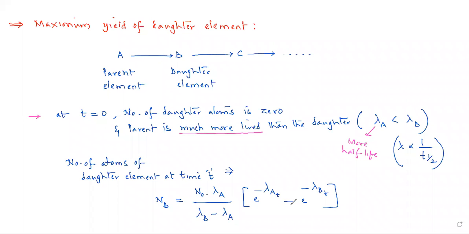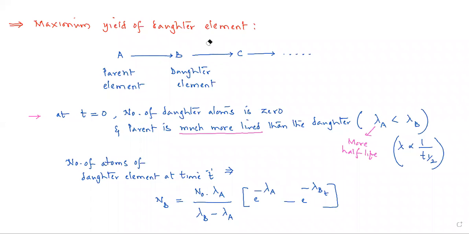Look at this carefully. Number of atoms of daughter element at a time t, that is NB, can be given as N naught into lambda A by lambda B minus lambda A into e power minus lambda A into t, isn't it?